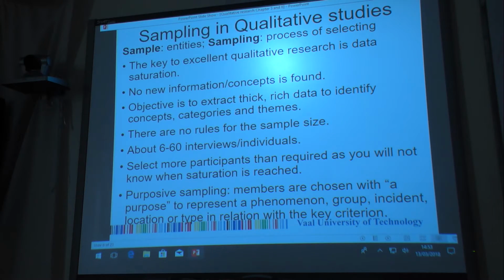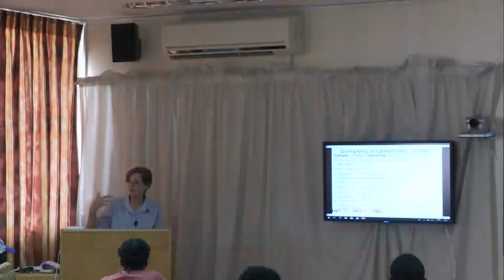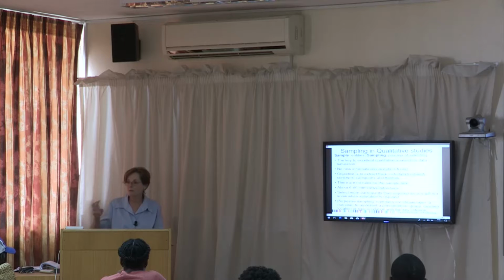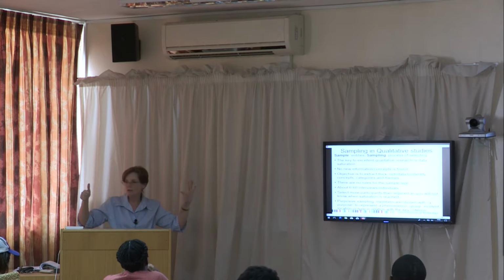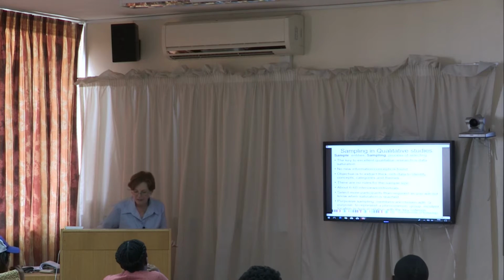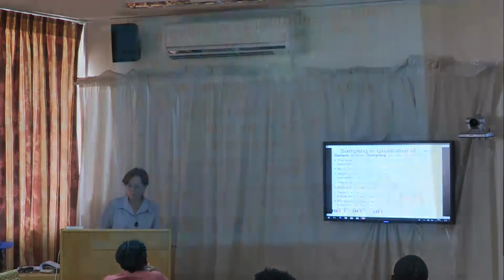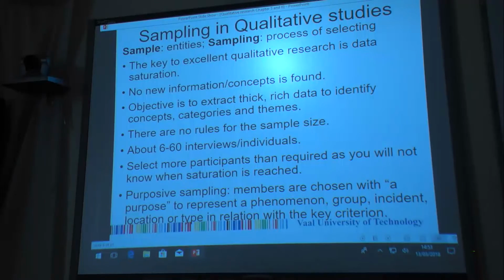So we will talk to each of you individually, and you can ask if you are not sure, but you measure it based on your data saturation. So you start out with six interviews until data saturation. Okay. All right. Select more participants than required, as you will not know when data saturation is reached.